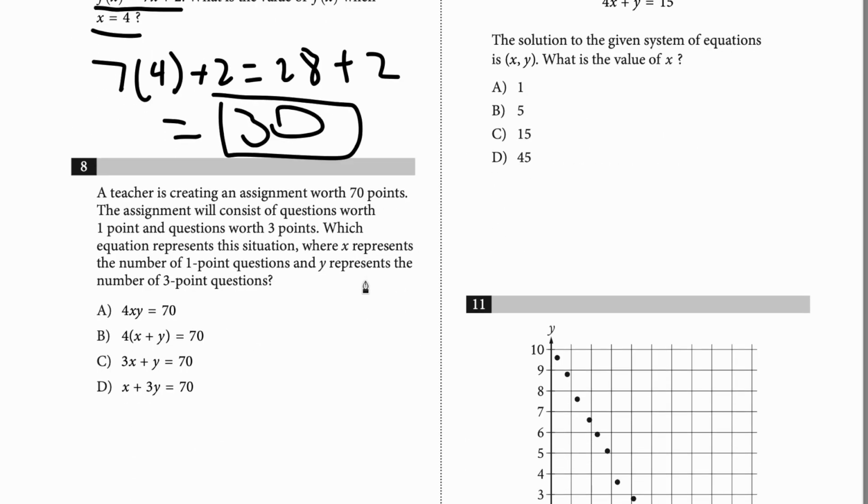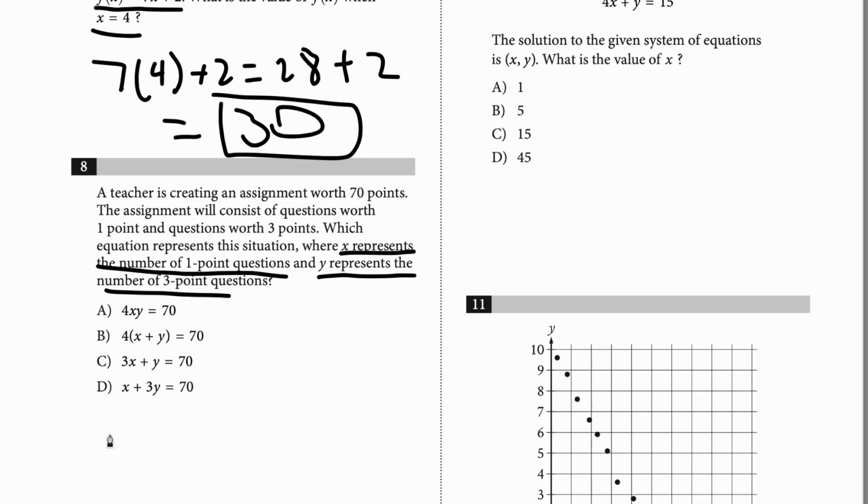So number 8. A teacher is creating an assignment worth 70 points. The assignment will consist of questions worth 1 point and questions worth 3 points. Which equation represents the situation where x represents the number of 1 point questions and y represents the number of 3 point questions? So for each 1 point question, we get a value of 1. For example, if there are 2 1 point questions, we get 2 points if you get both of those correct.